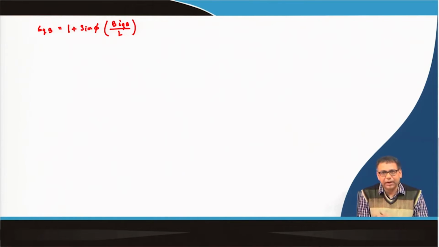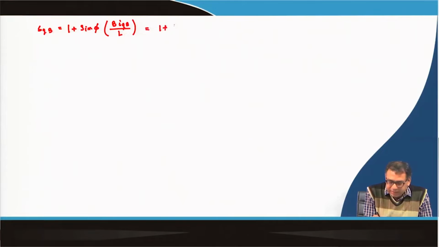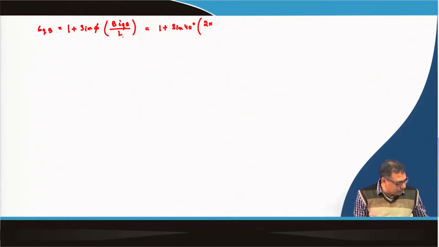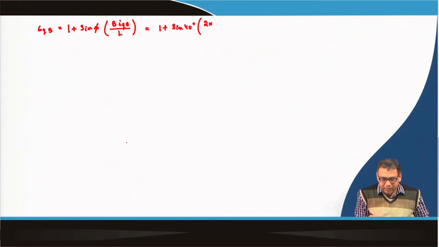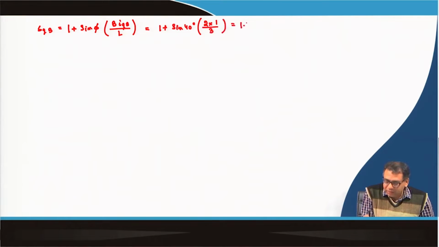But that type of modification is not required for other theories, it is only required for the Hansen theory. So now this is equal to 1 plus sin 40 degree, B is 2, iQB is equal to 1, i gamma B also equal to 1, L is equal to 3. So this is 1.43.